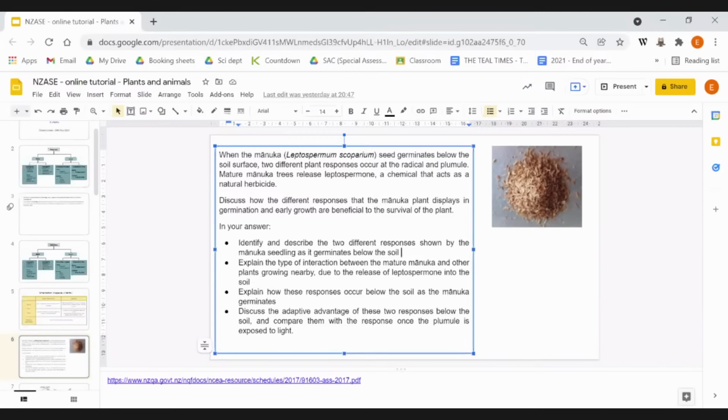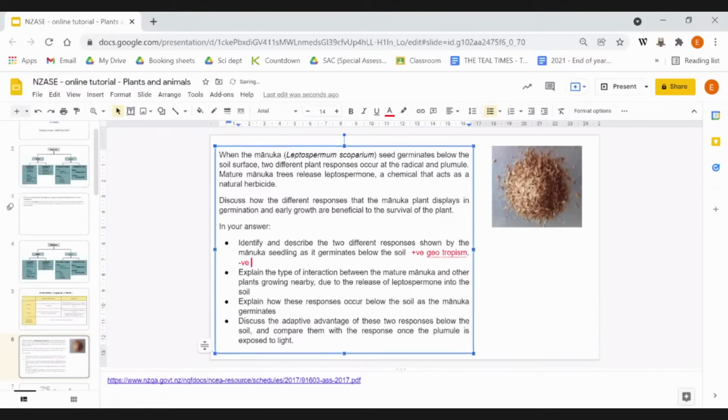There we go. So we've got our positive geotropism. That is in the roots because it is growing in the direction of gravity. So gravity is a stimulus, and a negative geotropism is what we're seeing in the shoots, in the plumule, as it grows against gravity.